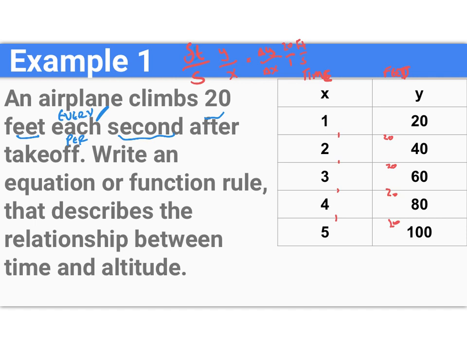Now, our function rule. We write a function f of x, a function of x because x is our independent variable, equals the rate of change times our variable. So this x here goes here. And so f of 1 second will be 20 times 1.